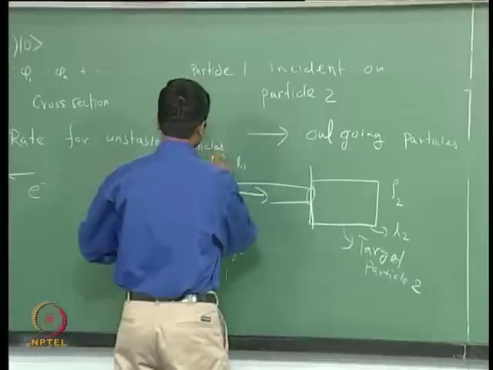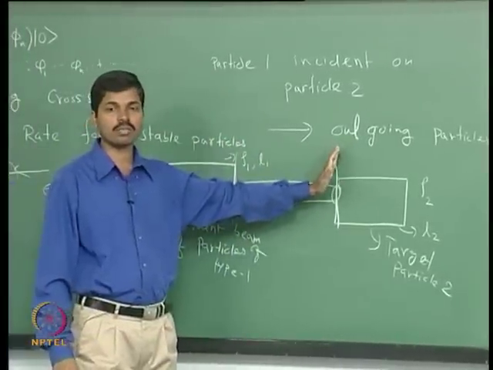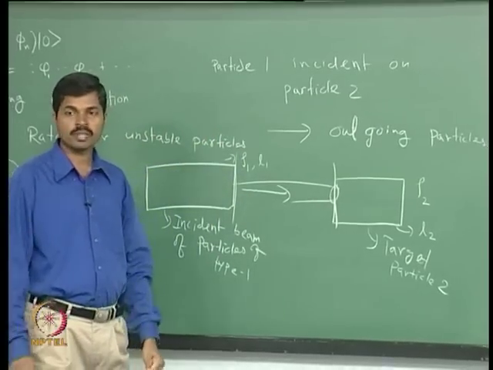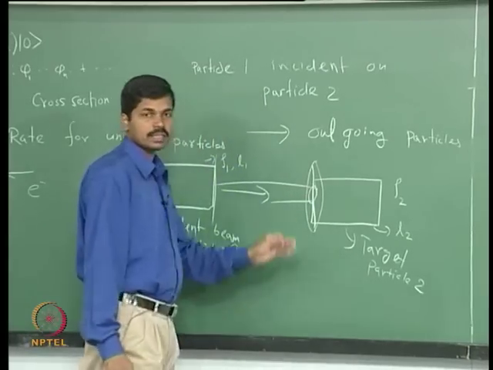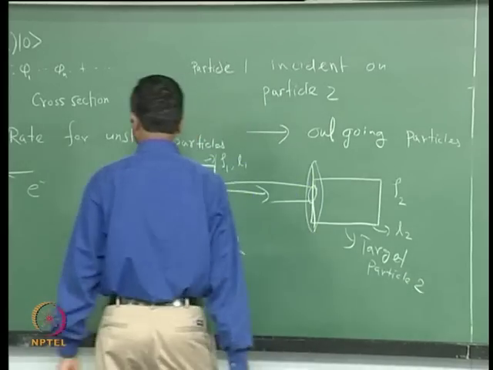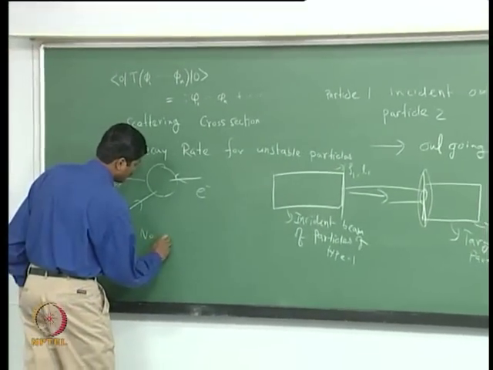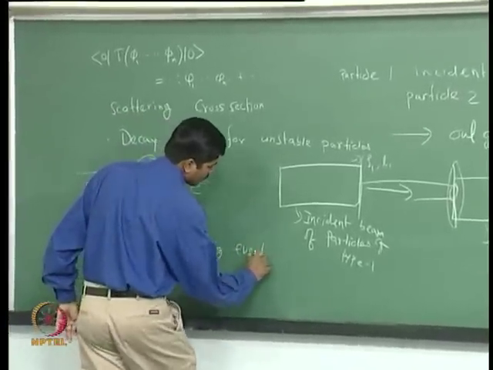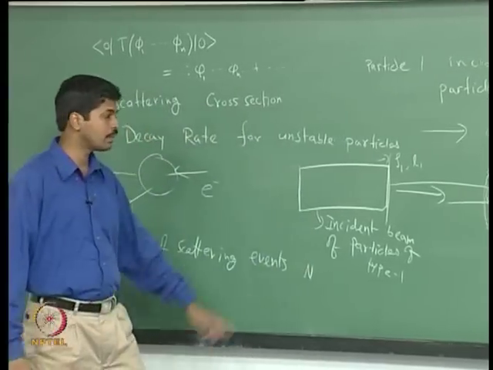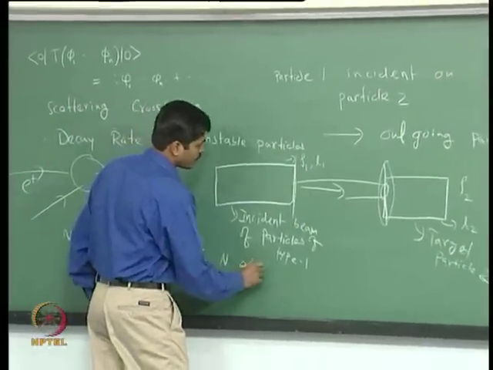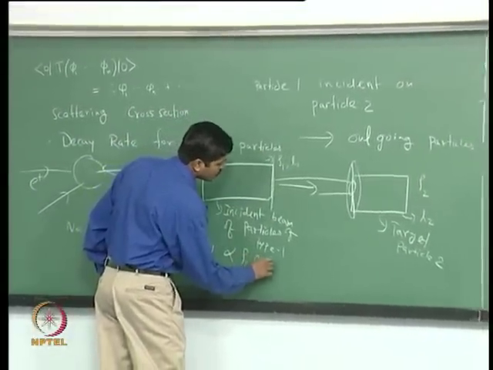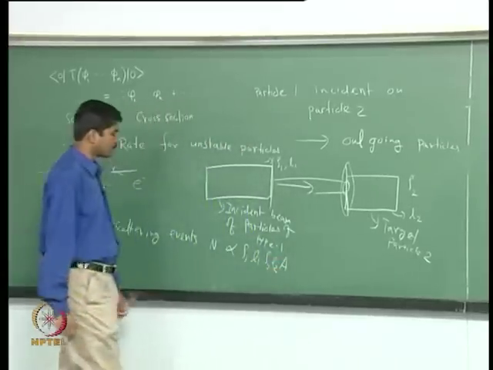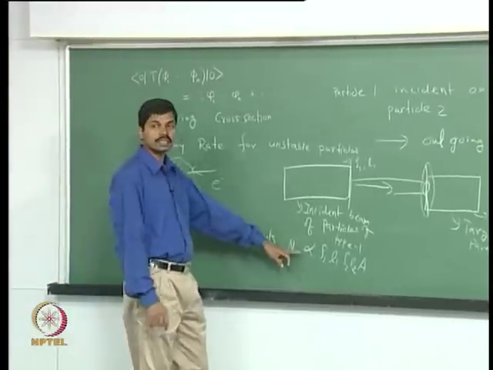Let us say both the incident beam and the target share a common cross sectional area A. So, the number of events, which I will call n, will be proportional to all these quantities: rho 1, L1, rho 2, L2, and A. The proportionality constant is what I will call the cross section.